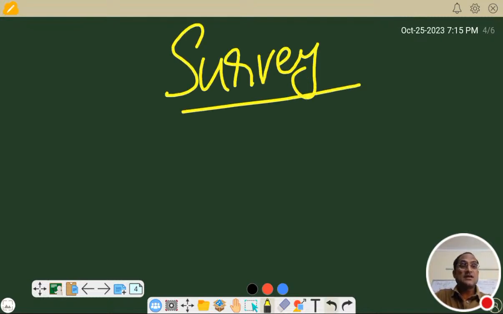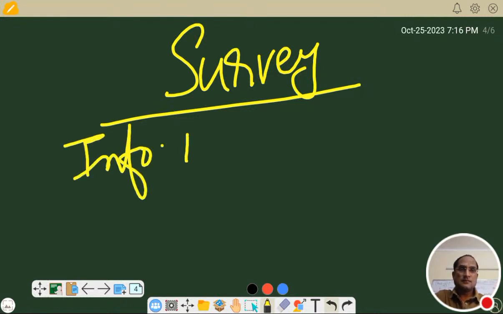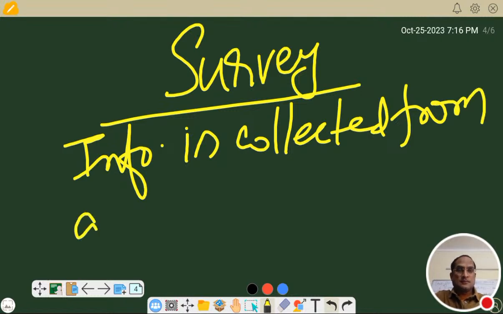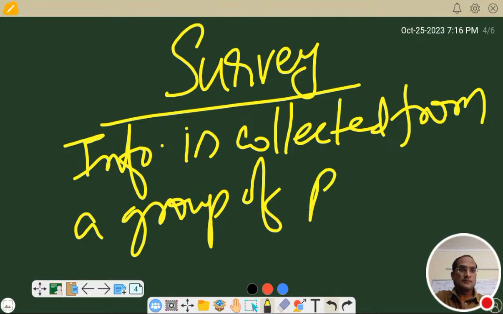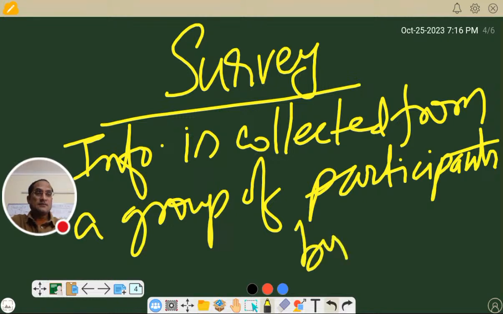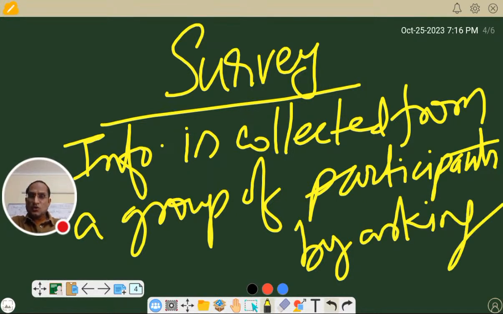Survey is a method of research in which the information is collected from a group of participants by asking questions to them.